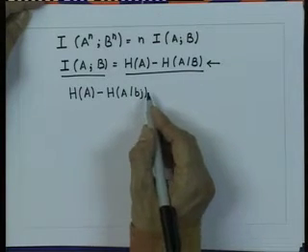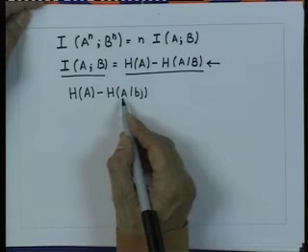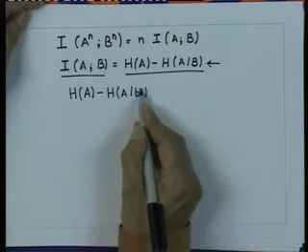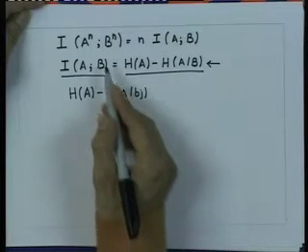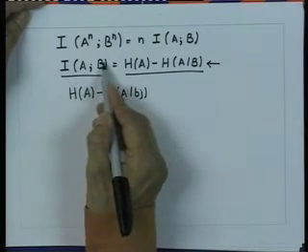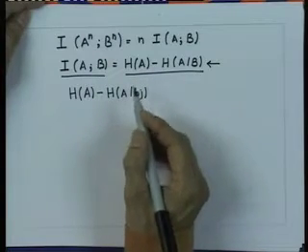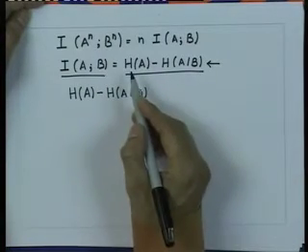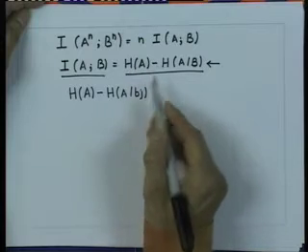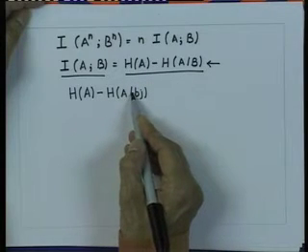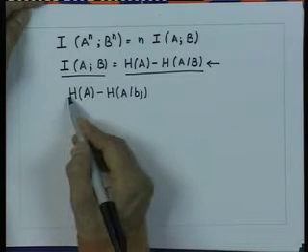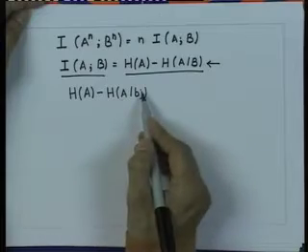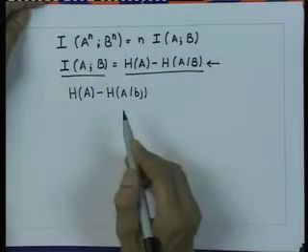What it means is that the entropy of the input alphabet may be greater after reception of a particular output symbol B_j, but the mutual information is just the average over all output symbols of H(A) minus H(A given B_j). So, it is an average of this quantity over all output symbols. Now, the question is, can this average be negative?